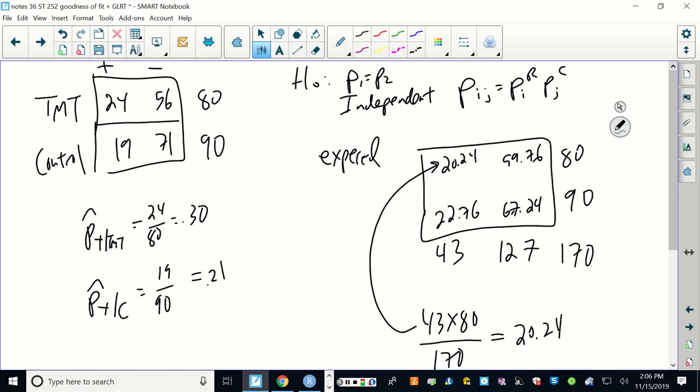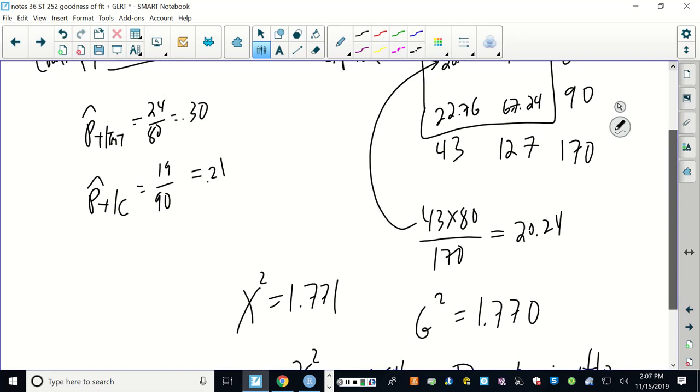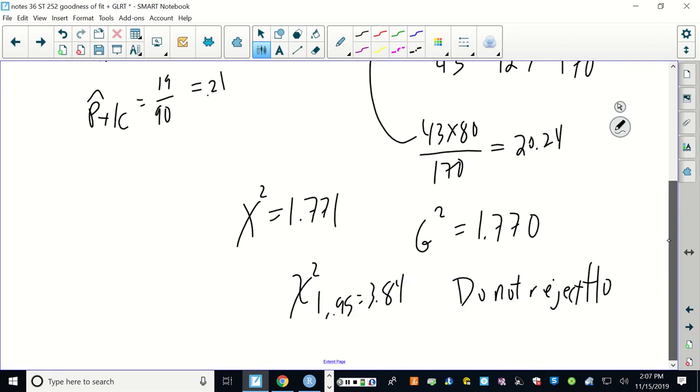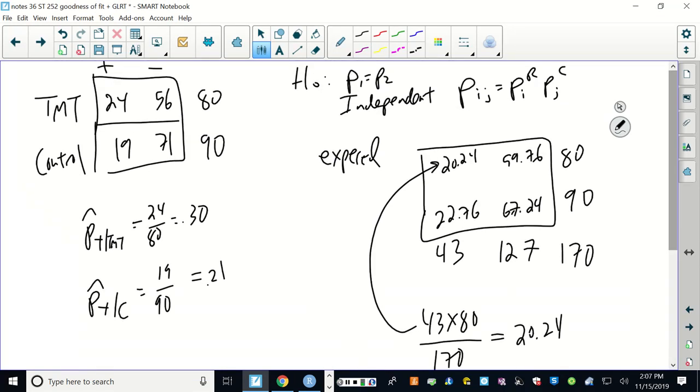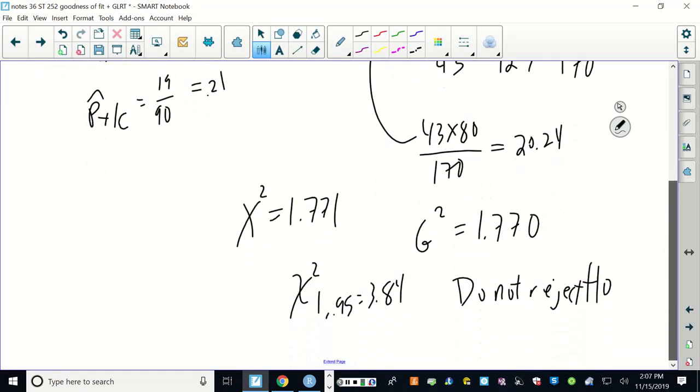So this is a 2x2. It's perfectly fine to use either of these statistics also for goodness of fit testing. What are our degrees of freedom here? I've said degrees of freedom 1. We had 4 cells here. How did we end up with 1? We had 4, and everything has to add up to 1. All the proportions across all 4 cells add up to 1, or the counts add up to n, a fixed sample size.